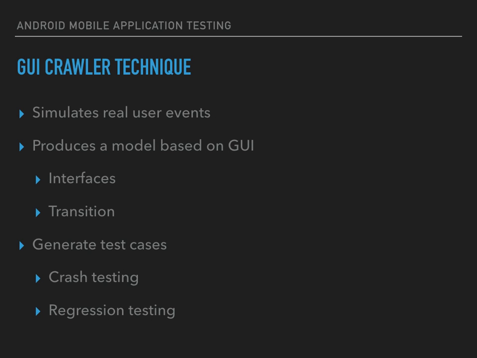It generates the test cases off the model that was created. With these test cases, we can put together a sequence of events to automate crash testing, as well as, if we make any changes, regression testing, which is very, very important.